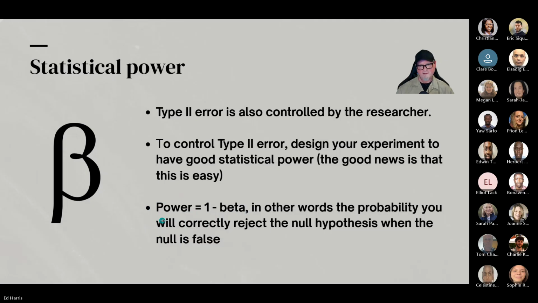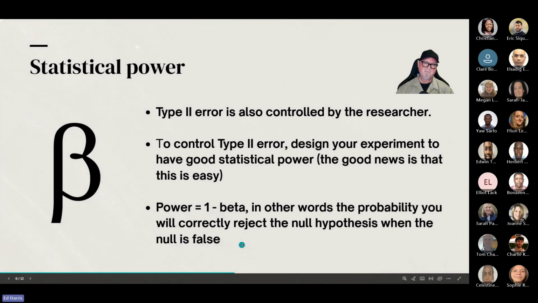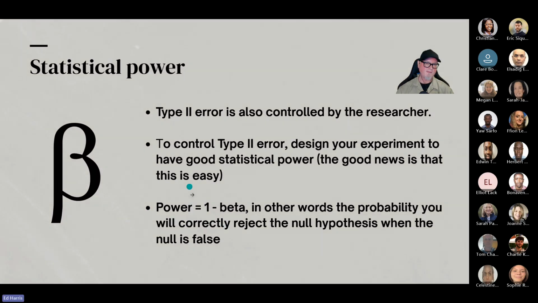And the preferred threshold that's traditional is 80% for power, which is indeed 20% for beta. So what we usually think about is this power. We want to achieve 80% of being able to be correct and have evidence for it if we are correct.